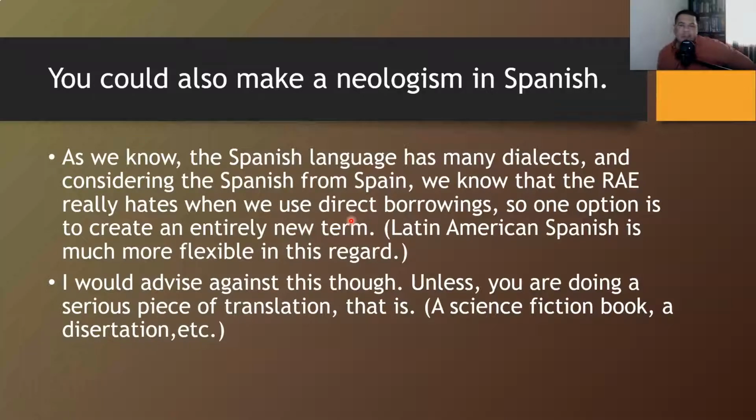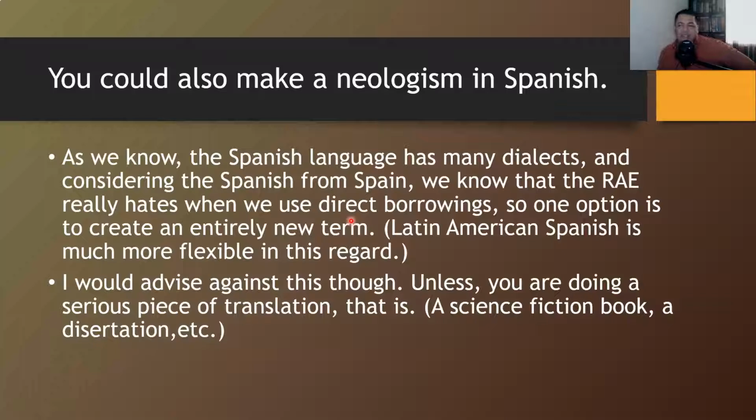Again, you gotta remember that Latin America is much more permissive, it's much more accepting of these issues of using foreign terms in our versions of the language, right? In our dialects.